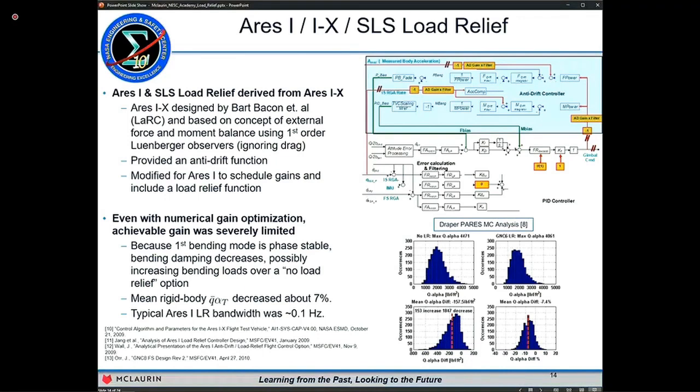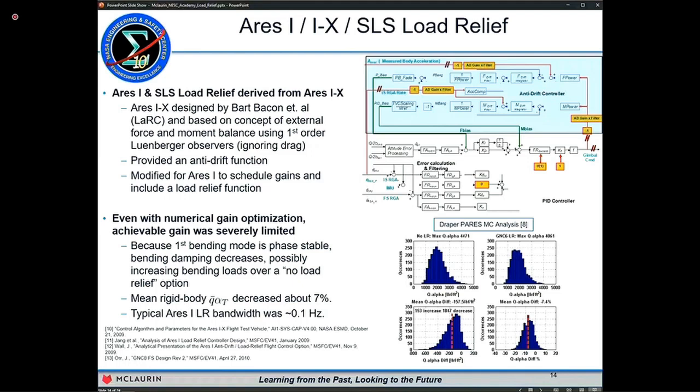The idea is that you build this force and moment diagram of the vehicle and you try and simultaneously achieve force and moment balance. It was modified for Ares 1 and subsequently SLS to decouple the force balance part, which provides a load relief function, and a moment balance part, which provides a disturbance rejection function. And by decoupling those, you get a lot more design latitude.